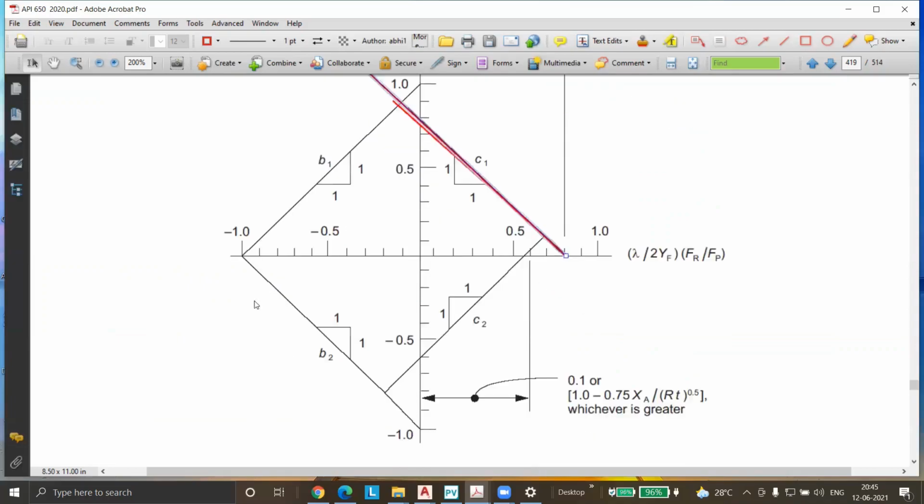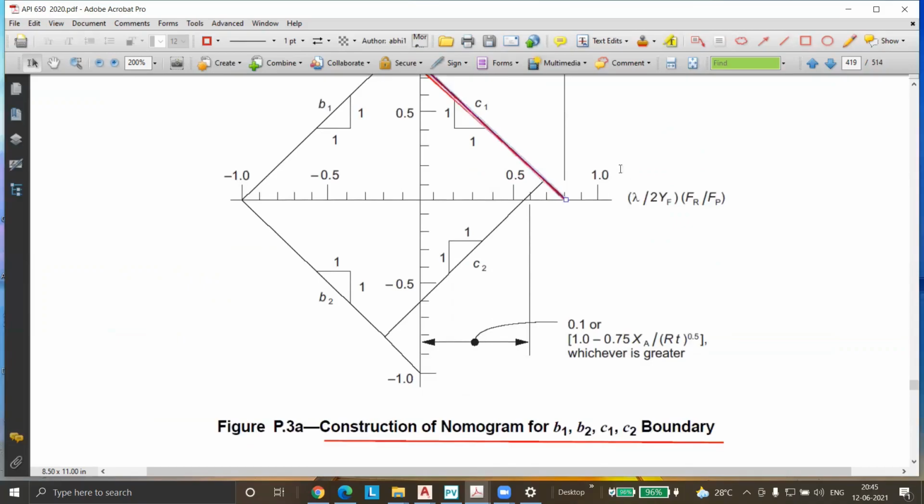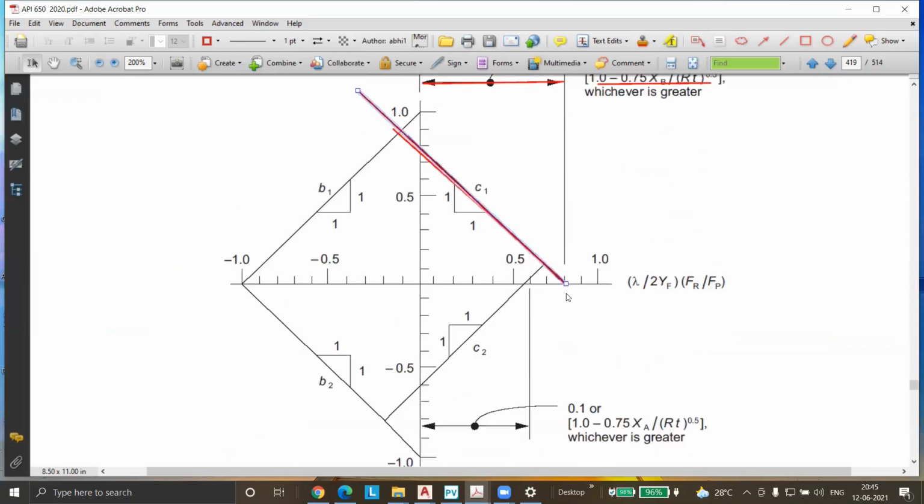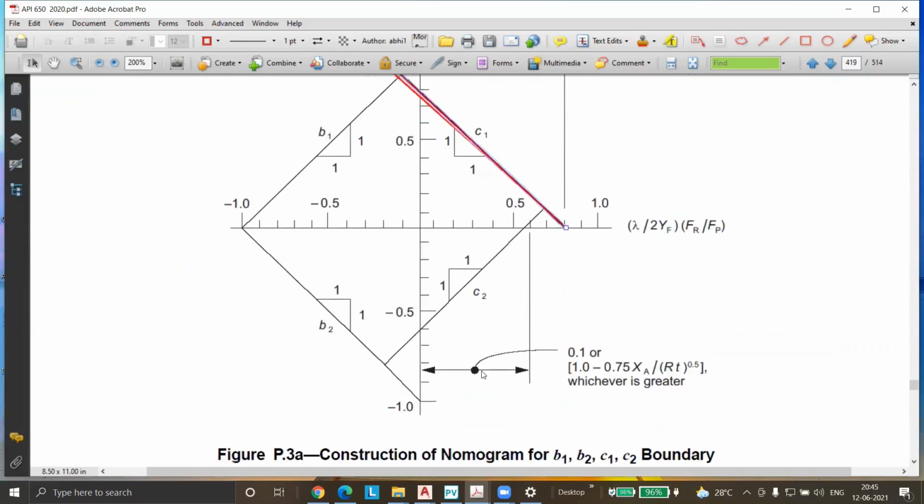Here also we can calculate the second. First we'll draw this, then we'll try to draw this. How will we get this? By using this. So this will depend upon XA, and all the factors are known, so we can definitely get this value.